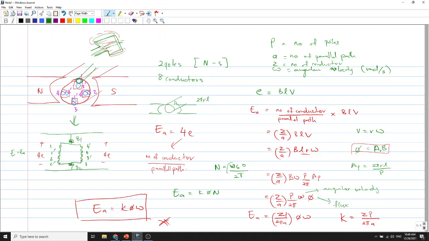So you must convert first. Please be noted that this is in RPM, and this is in radian per second.